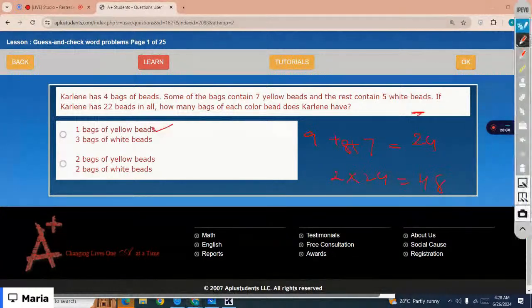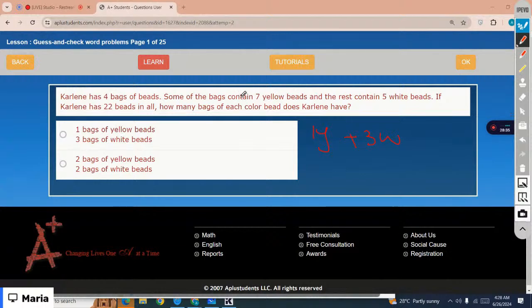Okay, the first option is 1 bag of yellow beads and 3 bags of white beads, because the total bags are 4, right?